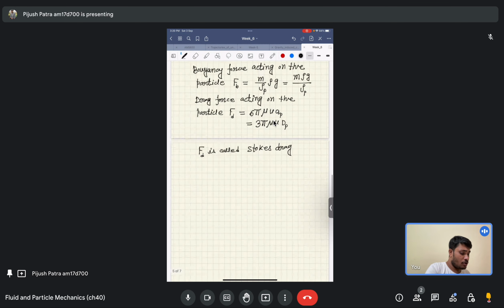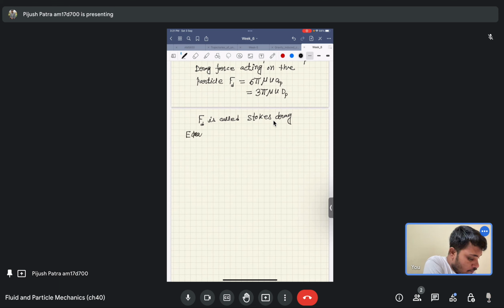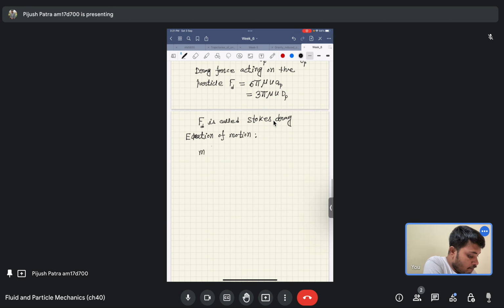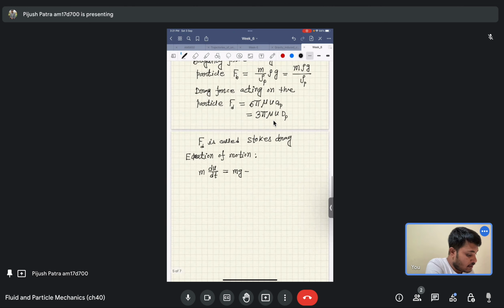So how does the equation of motion for these particles look? The equation of motion is m du by dt equals mg minus Fb, that is m rho g divided by rho p, minus 6 pi mu u ap.